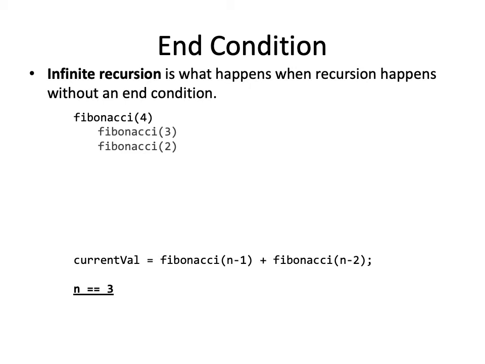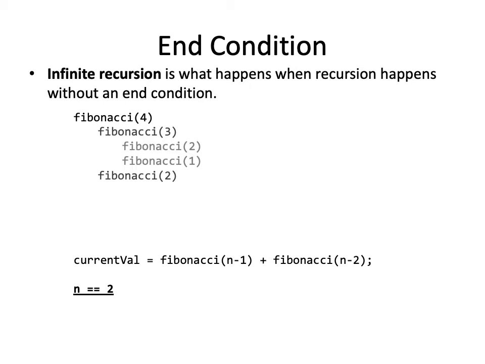So what are Fibonacci 3 and 2? Fibonacci 3 is going to be equal to Fibonacci 3 minus 1 plus Fibonacci 3 minus 2. So Fibonacci 2 plus Fibonacci 1. So now we need to calculate what Fibonacci 2 is, and then later Fibonacci 1. So Fibonacci 2 is going to be equal, according to the recursive formula, to Fibonacci 2 minus 1 plus Fibonacci 2 minus 2.